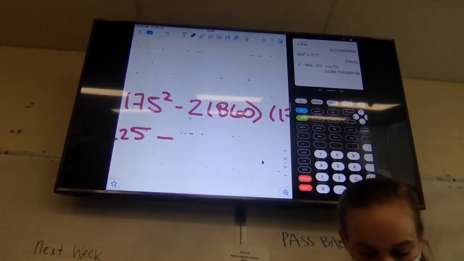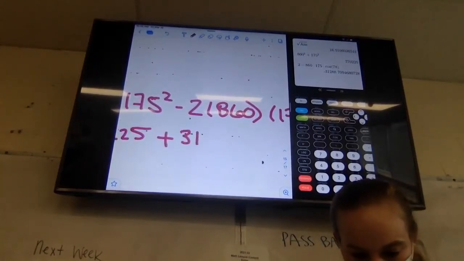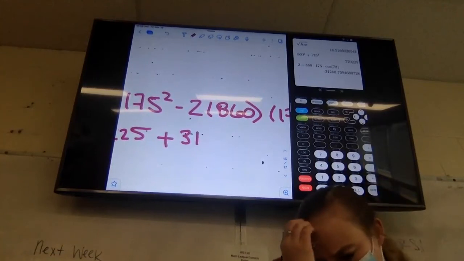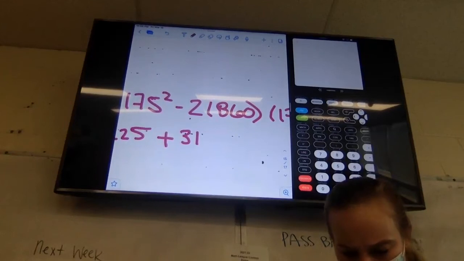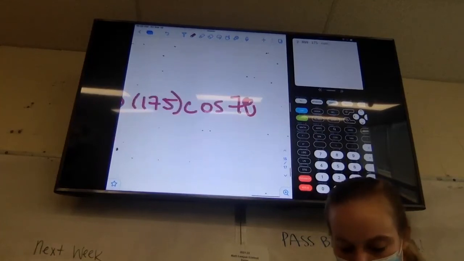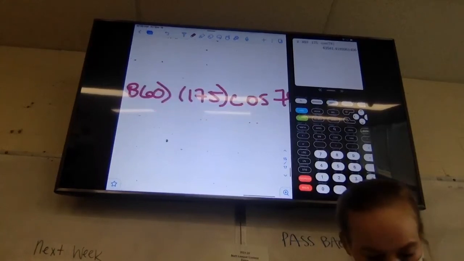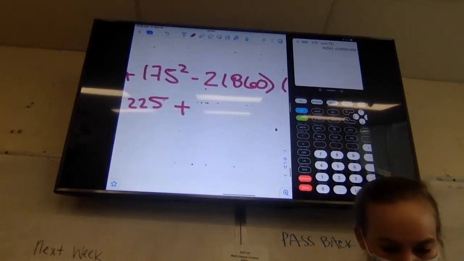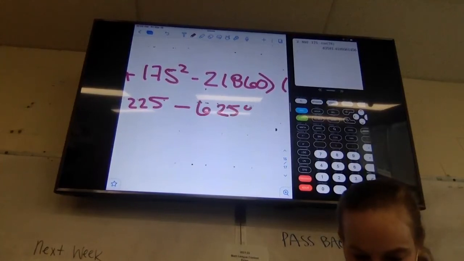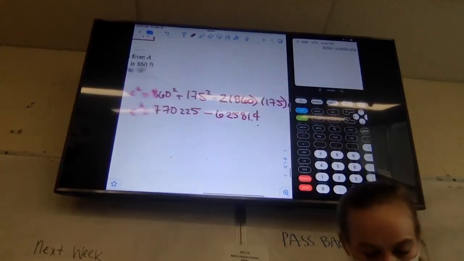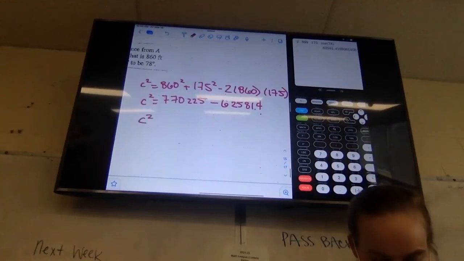Okay, so that makes this positive. Oh, no, I miswrote that. 2 times 860 times 175 times cosine of 78. Okay, that's better. So it's minus, not plus. 62581.4. Subtract those two numbers.